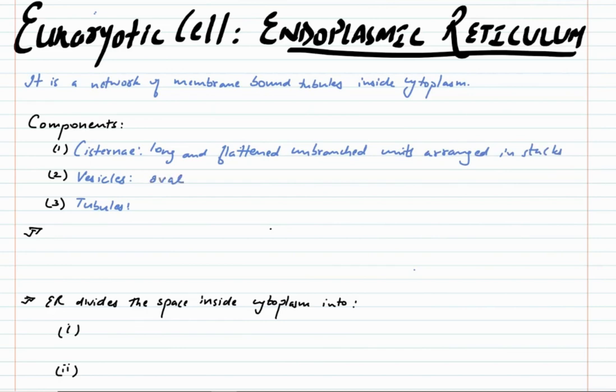Vesicles are oval membrane-bound structures, and tubules are irregular, branched, cylindrical structures, and they are also membrane bound.